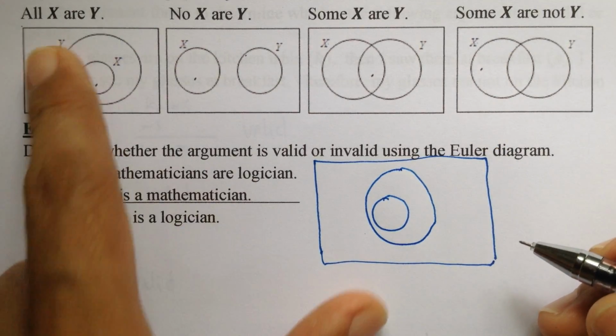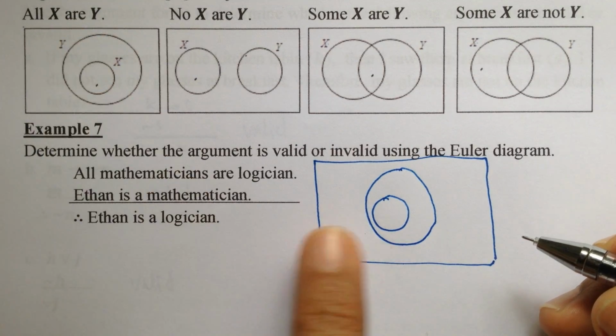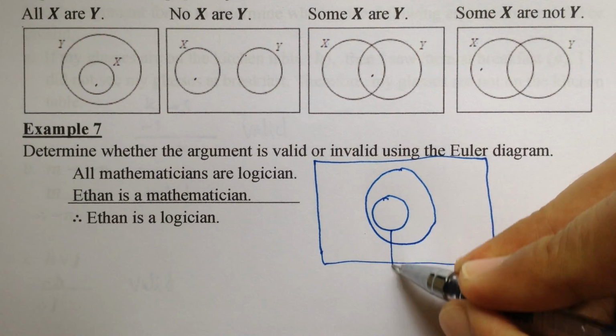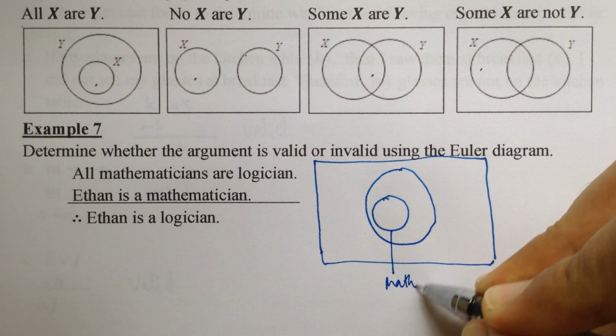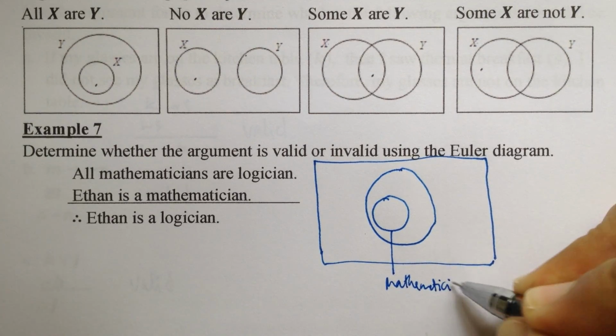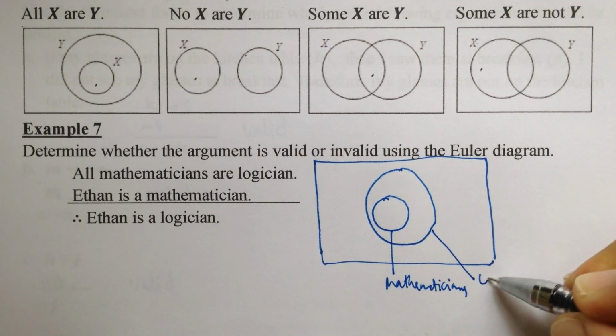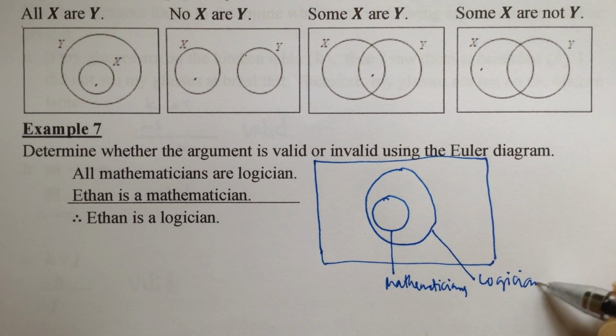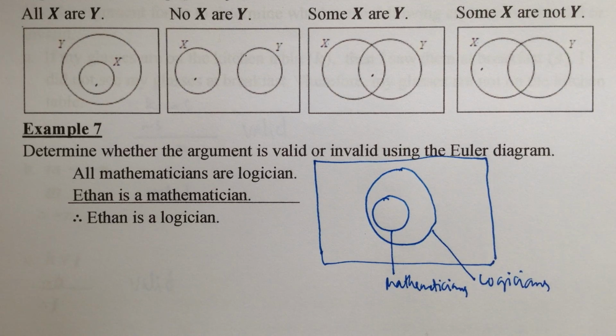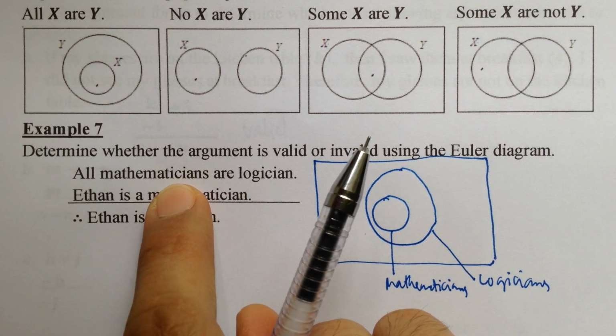From our diagram, all x are y, so this is the set of mathematicians, while the bigger set is the set of logicians. That's for your first premise.